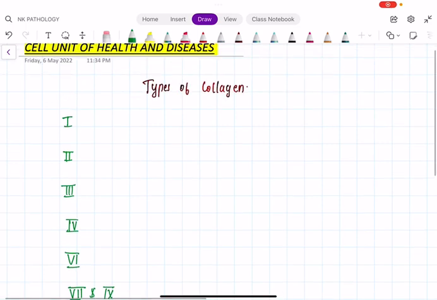I am going to tell you where each type of collagen is found and any other characteristic or extra points regarding that.